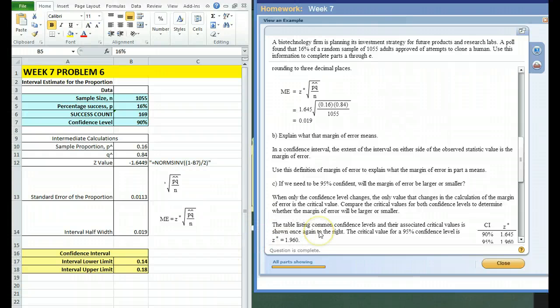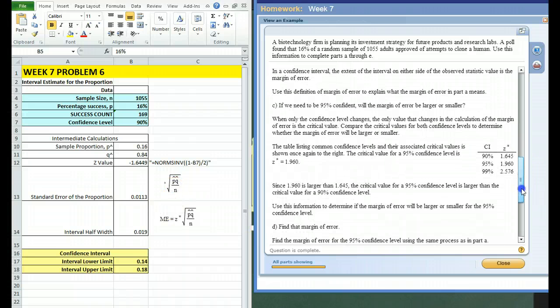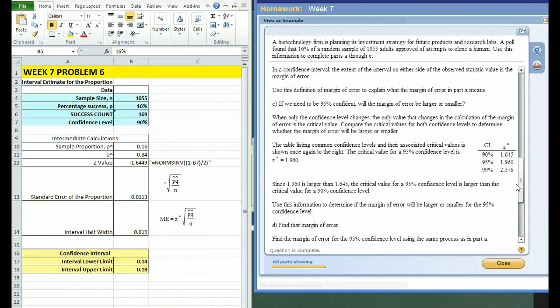So in essence, mathematically, what does that mean? How could you do this mathematically instead of just using logic? If you go from 90 to 95, your z-score increases from 1.64 to 1.96. So your margin of error, which is directly dependent on z, will increase.